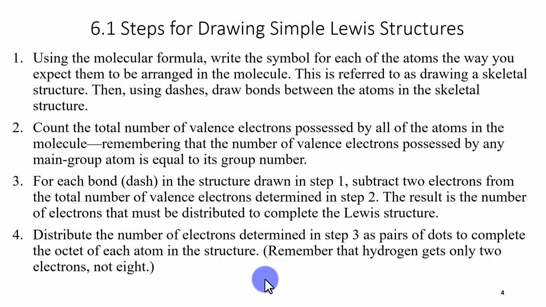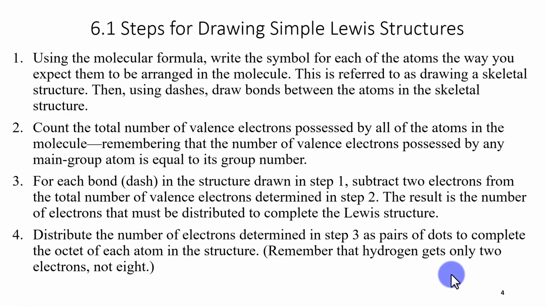Then we might have leftover electrons, or we might not have enough. Once we distribute lone pairs, we may not have enough to satisfy the octet rule for the central atom and some of the terminal atoms. To fix that, we can share more than one bond between atoms.